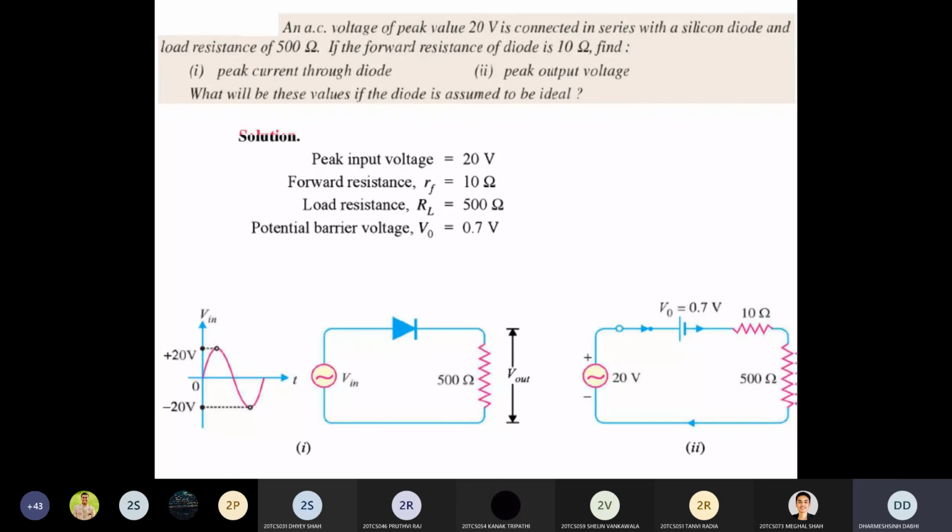Internal resistance is almost zero. Internal resistance is zero. It means this 10 ohm is not present if it is assumed as an ideal diode, as well as there is no voltage drop across the diode. Clear? So this 0.7 is not in the ideal diode, and this 10 ohm internal resistance is not for the ideal diode. So these are removed.